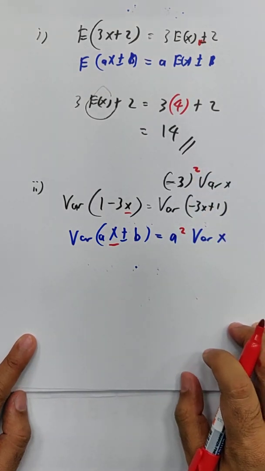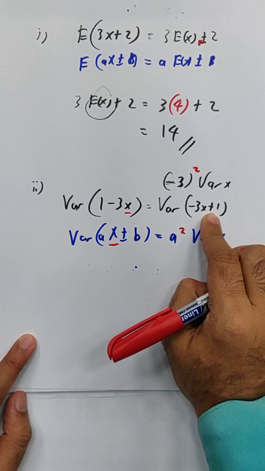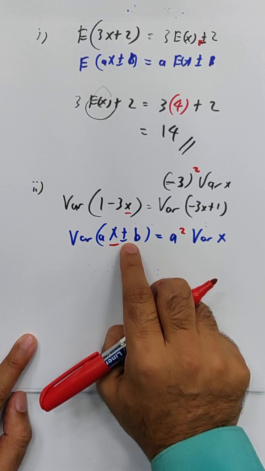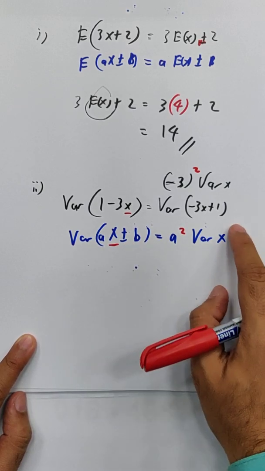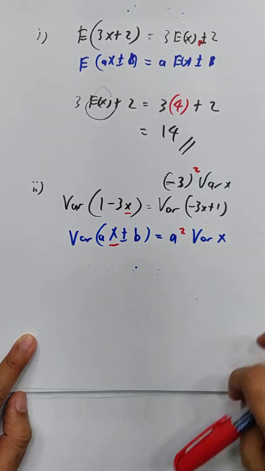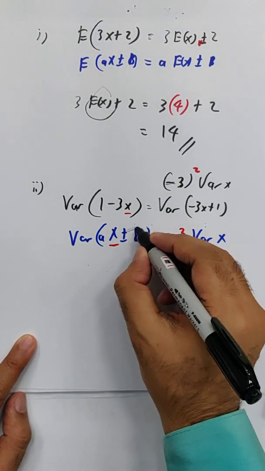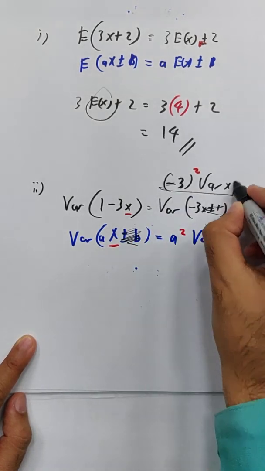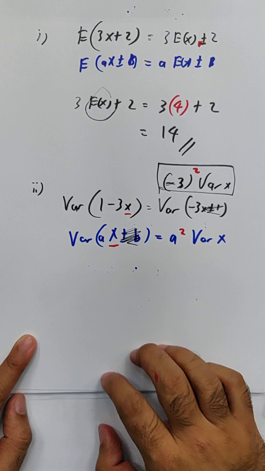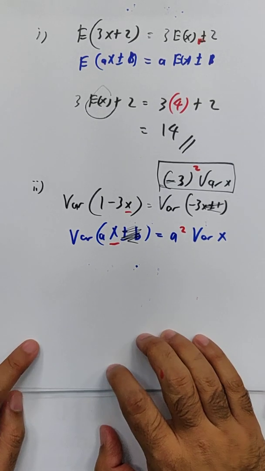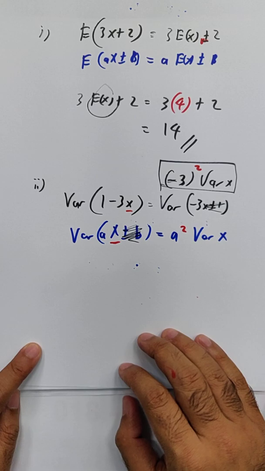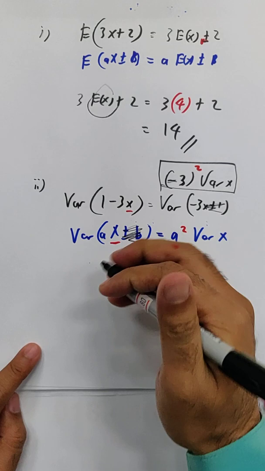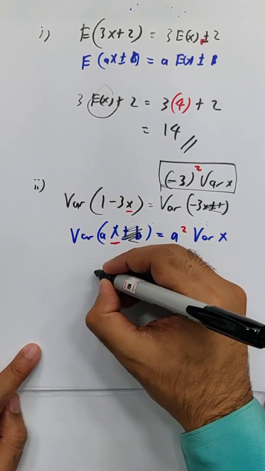You guys okay? Now what happened to the plus 1? What happened to the plus b here? Is there any plus b? The plus b disappears. So I'm not looking at the plus 1. Understand? Someone says they got confused. No, there's just no plus b. So what we got ourselves is 9.